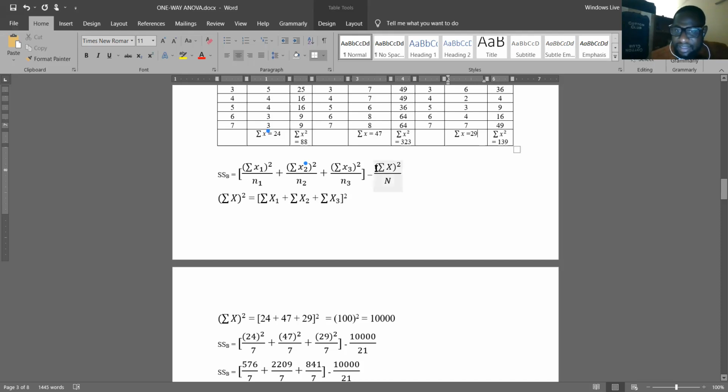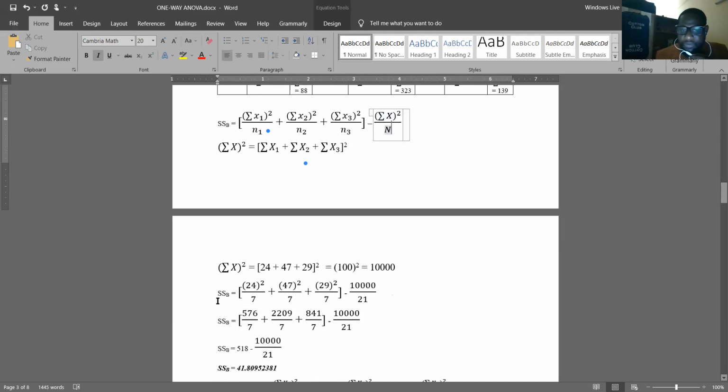Meaning that the numerator is supposed to be 10,000 over n. And you know n to be the total number of participants in all the groups, which we had to be 21 because we had 7 participants each. So 21.